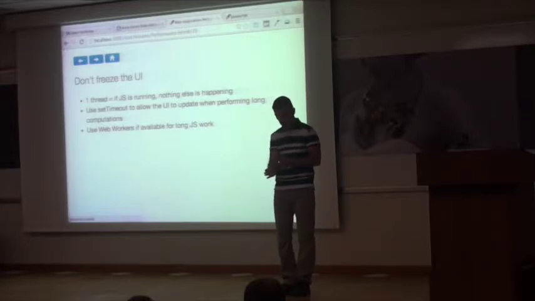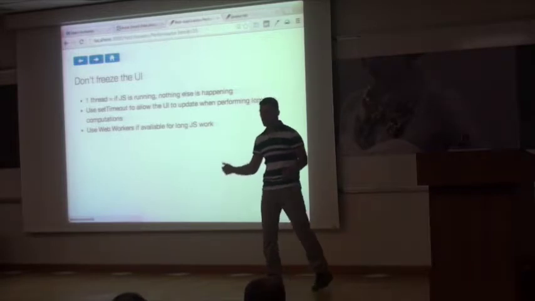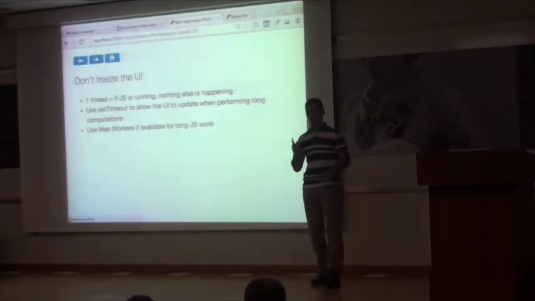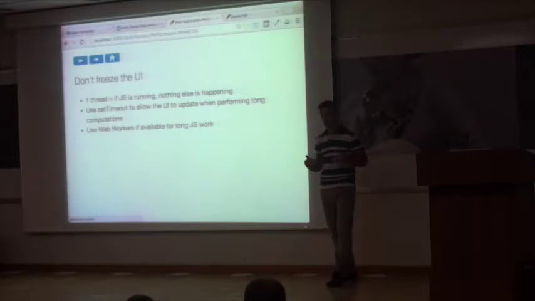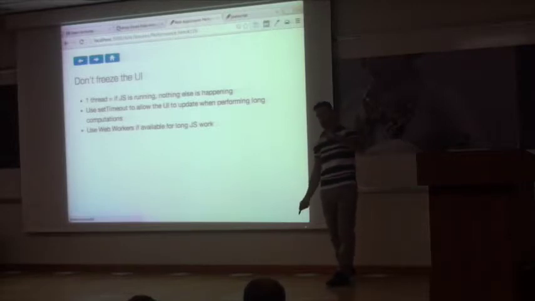You just write your code, and at some point someone interrupts you and schedules someone else. In this kind of environment, it's your responsibility to interrupt yourself. The way you interrupt yourself is by calling set timeout, which releases the thread, allows other things to execute, and then when they're done, calls your callback function, which continues the rest. You guys see this approach?